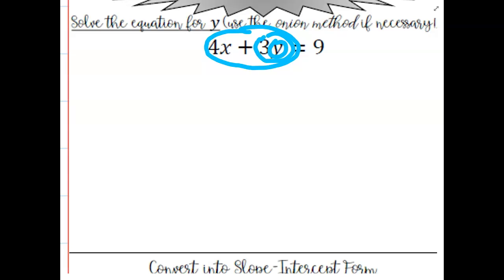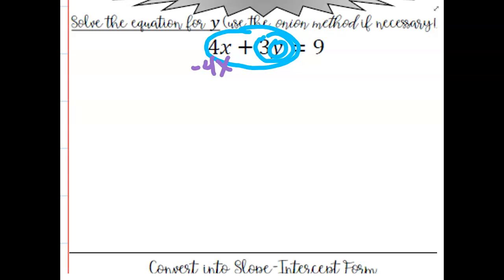That outside layer is the first layer that needs to go, which is going to be the 4x, okay? To get rid of the 4x, I need to move the 4x to the other side. To completely move the 4x to the other side, we're going to subtract 4x. Notice it gets rid of it. 4x minus 4x is gone.